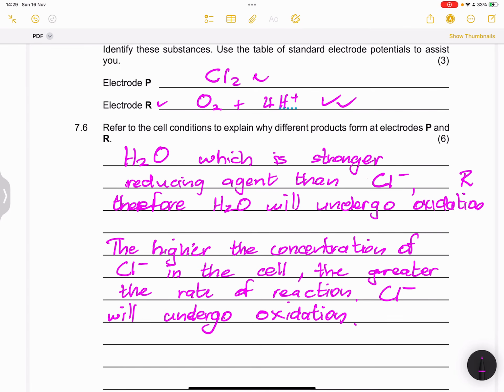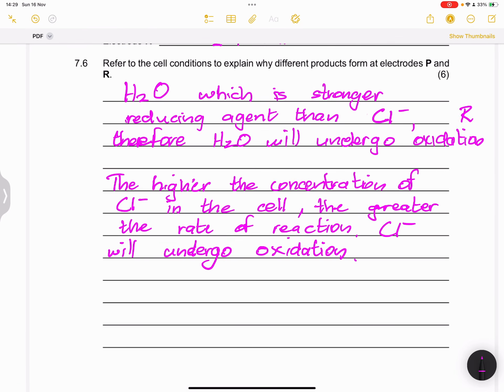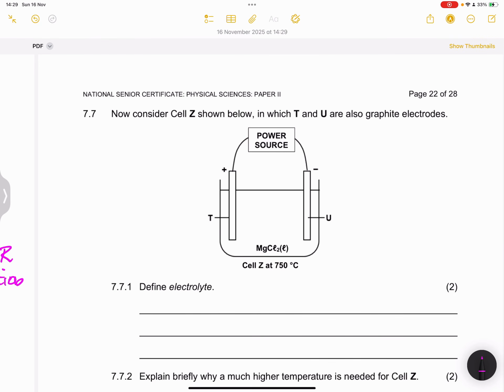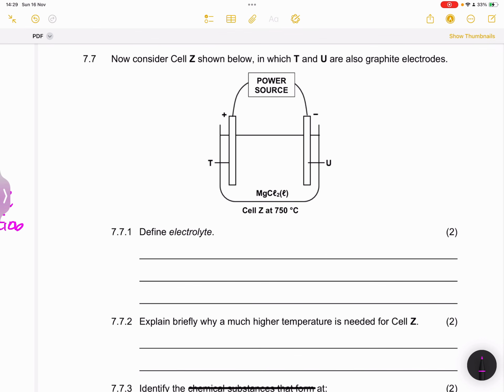Right, and then let's go to 7. Let's see the next one. Now they say to us, consider cell Z, shown below, in which T and U are also graphite electrodes. Right, now they want us to define an electrolyte.